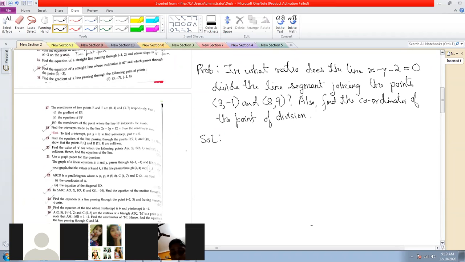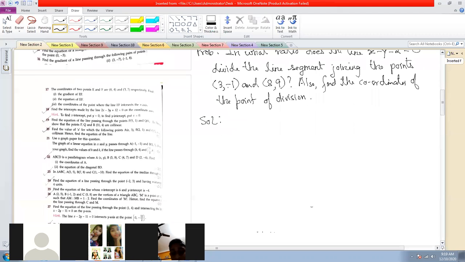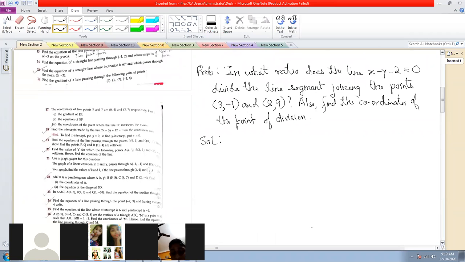Let's go to the solution. First, understand what is given. A straight line is given. Let's draw a straight line. Suppose the equation of the straight line here given is x minus y minus 2 equal to 0.